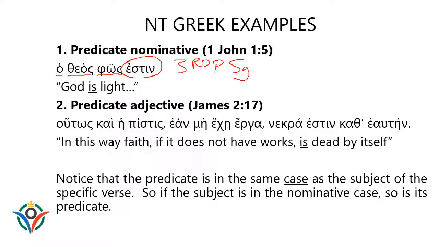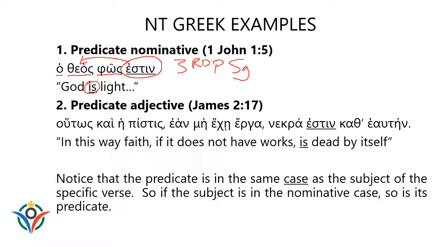The reason is because it agrees with the subject, which is ho theos, God, in person and number. So when we translate it, we have God is light. And there, phos is a noun which renames the subject, and therefore it's called the predicate nominative.